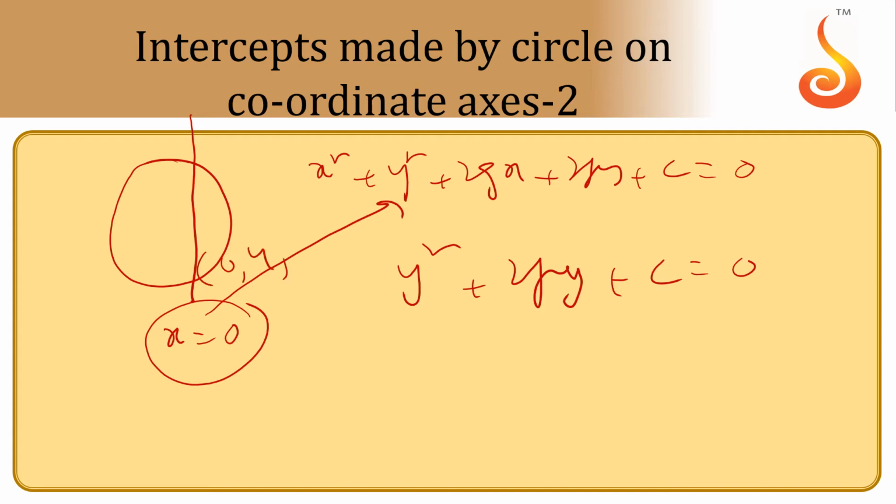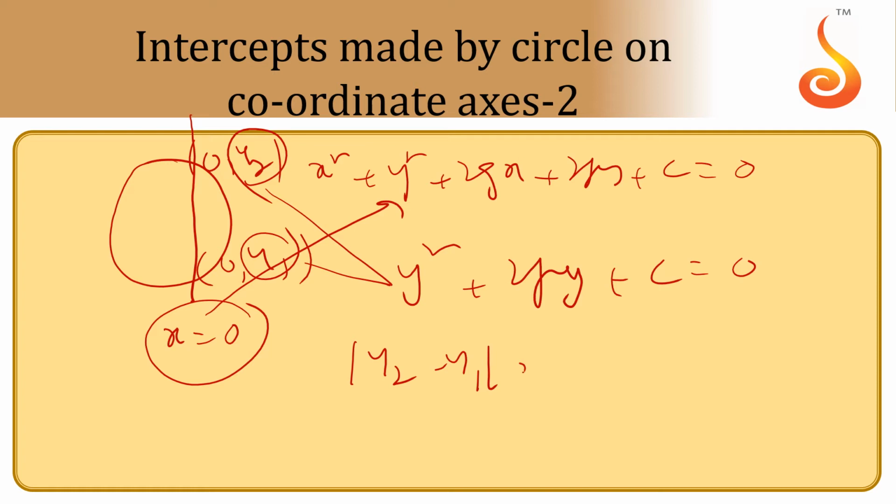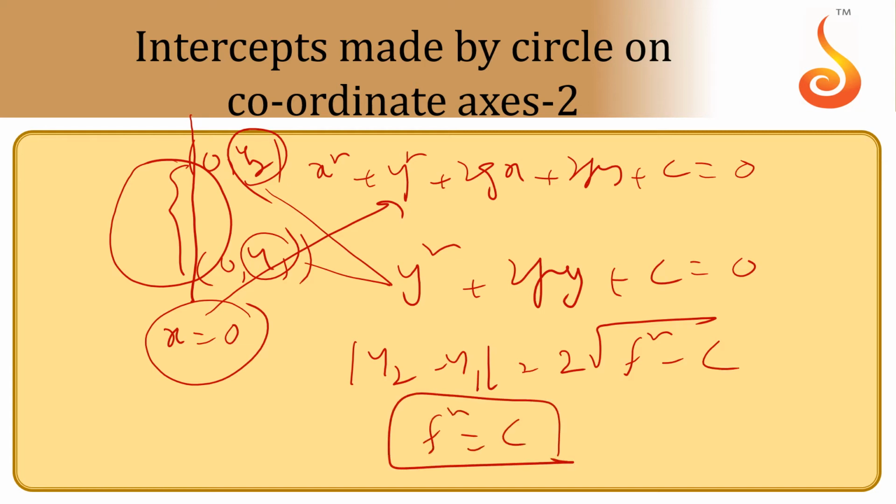So the points 0 comma y1, 0 comma y2: y1, y2 will be the roots of this quadratic equation. Then the difference between the roots will be the length of the intercept here, which is nothing but 2 root f square minus c. And if this f square minus c is equal to 0, that is delta equal to 0, it is the condition for tangency for the y-axis.